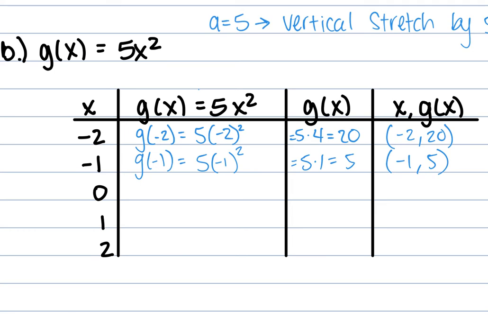Who can do the third one for me? 0. Brandon? You square the 0, so it's 0, 5 times 0. Good. 5 times 0 squared is going to give me 5 times 0, which is 0. So 0 comma 0. Doug, you do the next one?